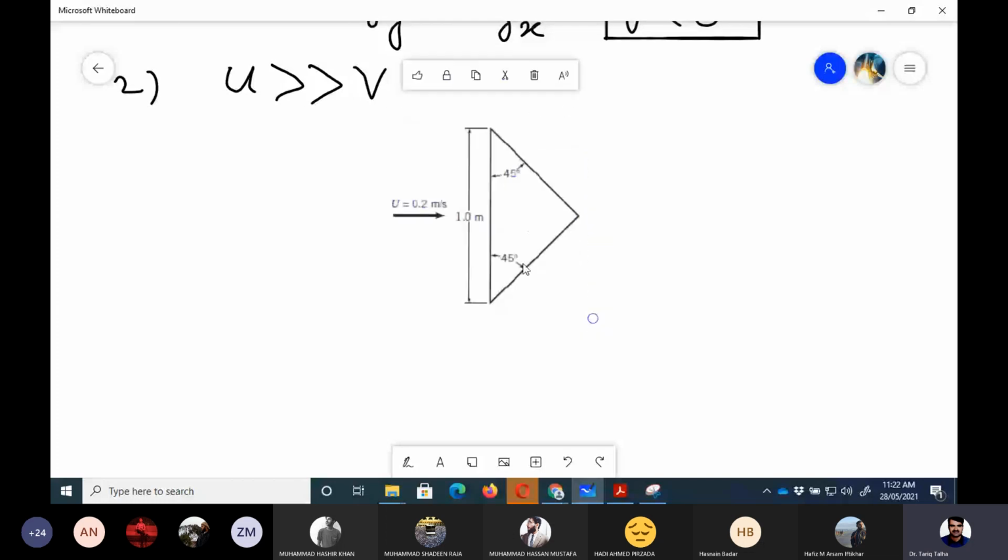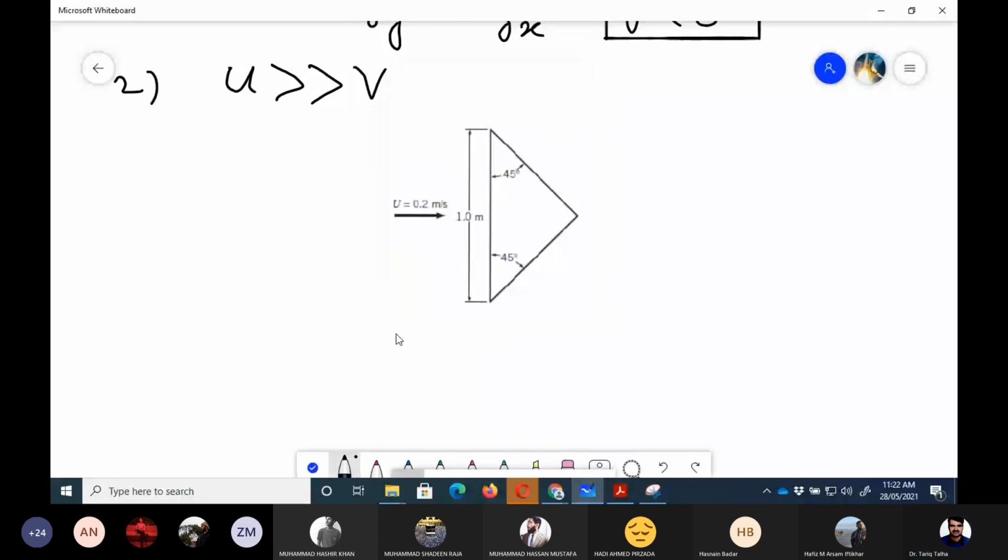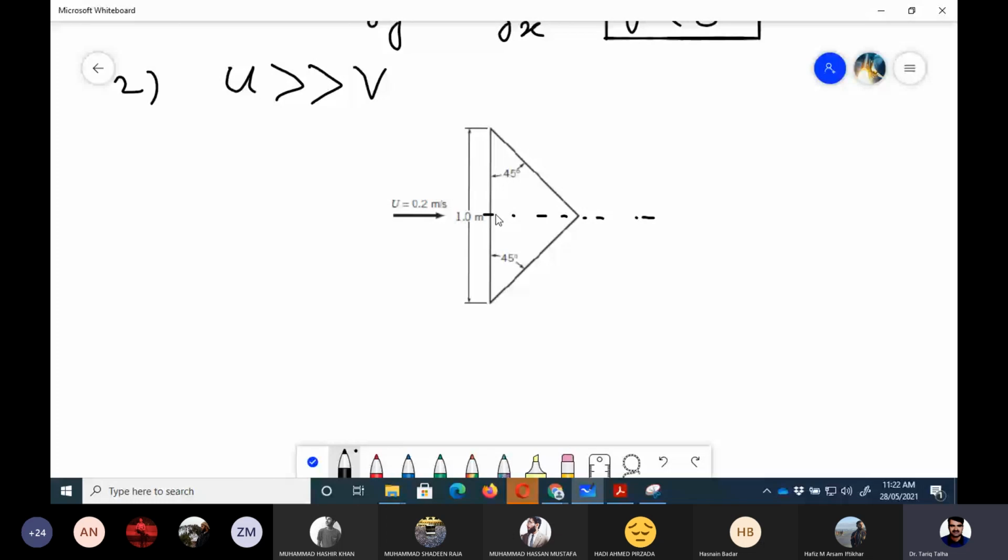in the middle, the distance here is 0.5, right? If we want to see the slope of this, that can be defined as y is equal to 0.5 minus x.